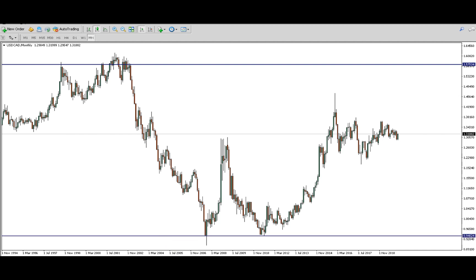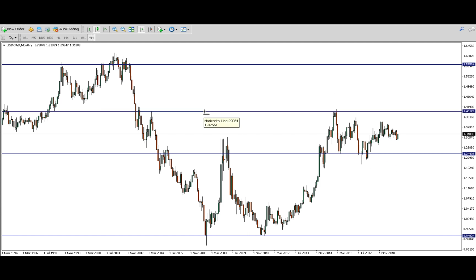Of course, we have this level here, which is the support of all the supports, but it's also not relevant. It hasn't been relevant for 10 years right now. And we also have this level here. I would say somewhere here, because we have touching points here, here, here, and here.